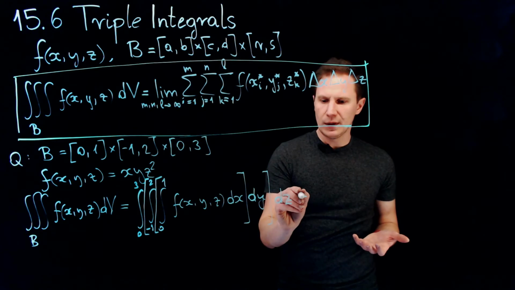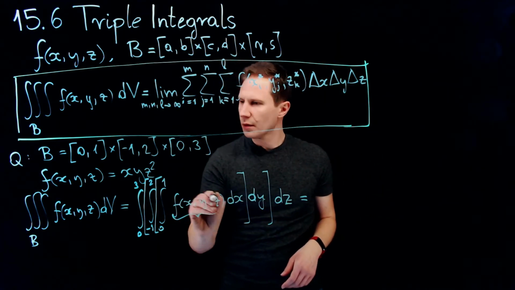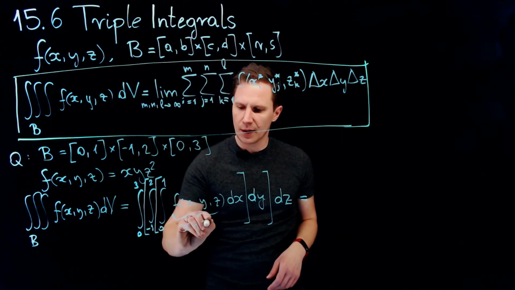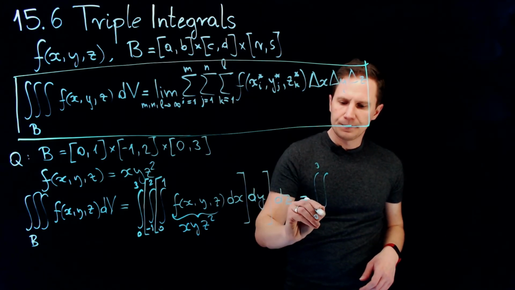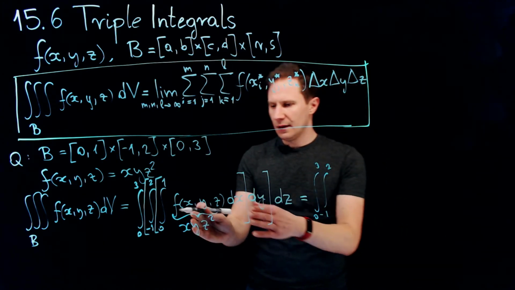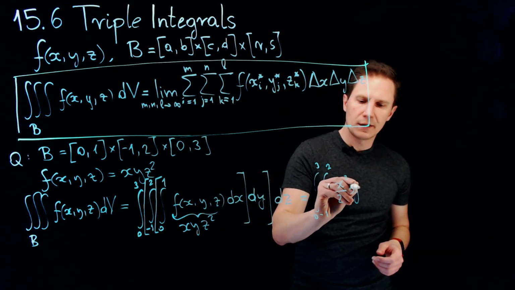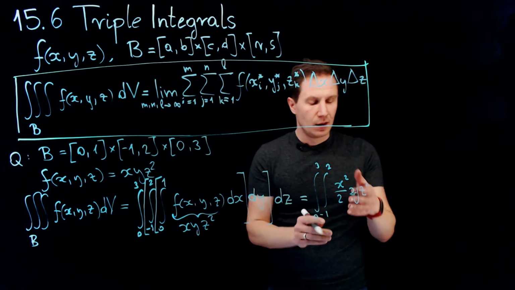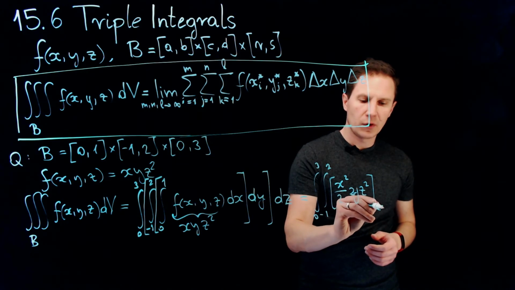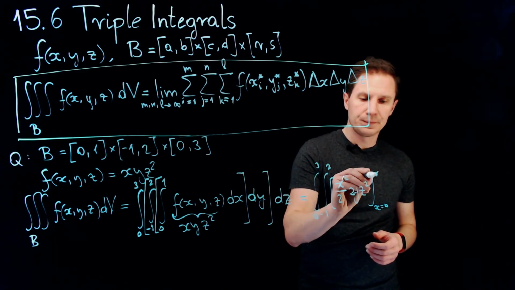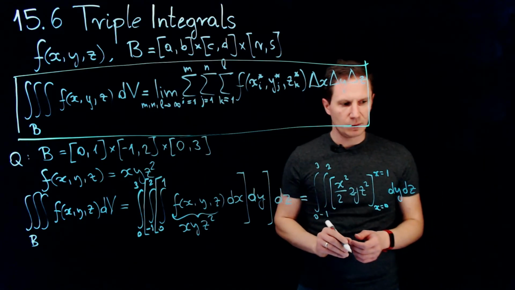So let's do that. So the innermost integral, let's not forget, is x times y times z squared. So what we have is x squared over 2 times y times z squared. So y and z squared are just treated as constants for the moment, and x changes from 0 to 1. And then we integrate with respect to y, and then we integrate with respect to z.